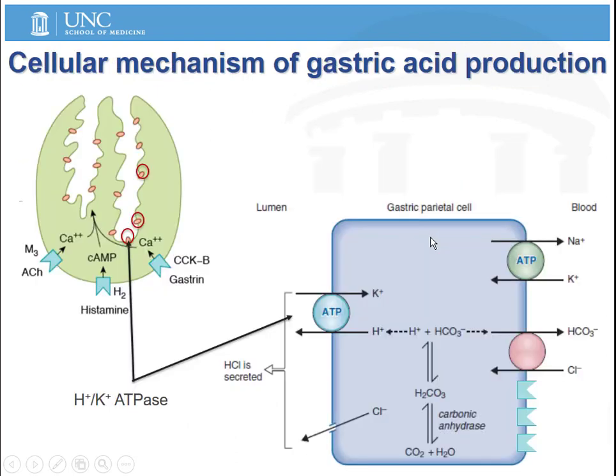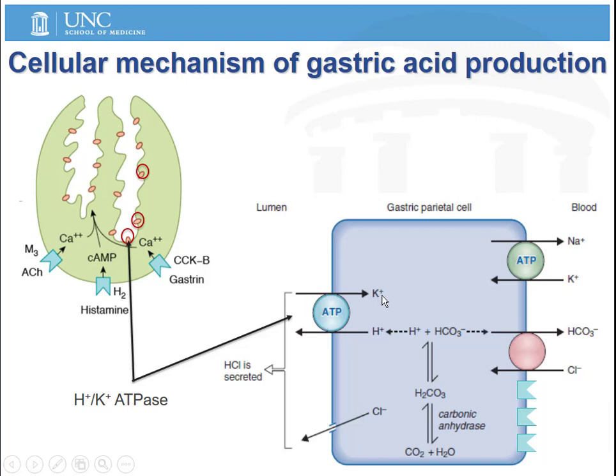Inside the cell, acid is generated through the activity of the enzyme carbonic anhydrase, which allows the combination of carbon dioxide and water to form carbonic acid, the intermediate, which dissociates to produce hydrogen ions and bicarbonate ions. These hydrogen ions are actively secreted by that luminal hydrogen-potassium ATPase, or the proton pump, in exchange for potassium.